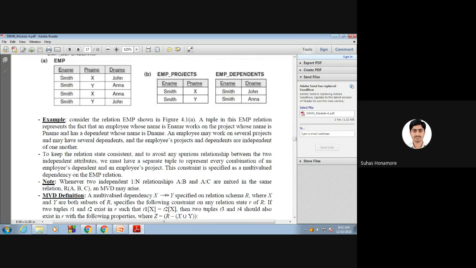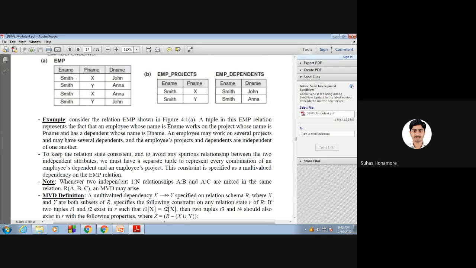So now relation R has at least three attributes X, Y, and Z; we'll see what Z is. Here X and Y are both subsets of R.